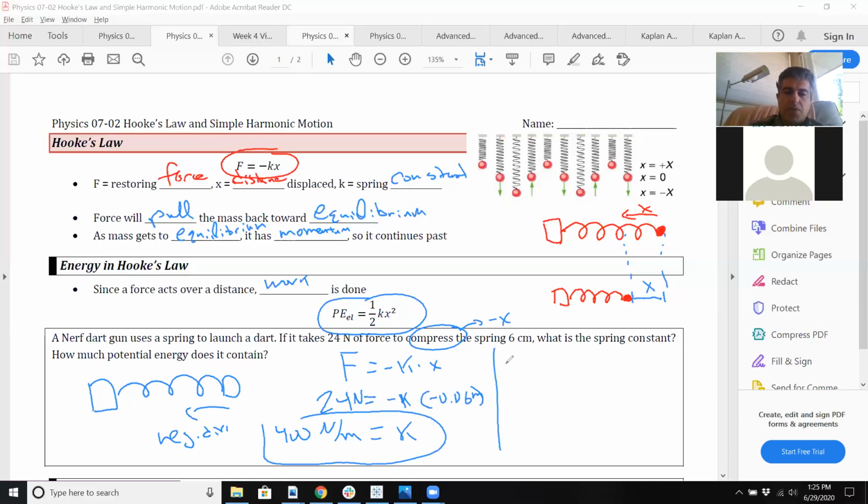So that's the spring constant. And if you want the potential energy, E_L stands for elastic potential energy.